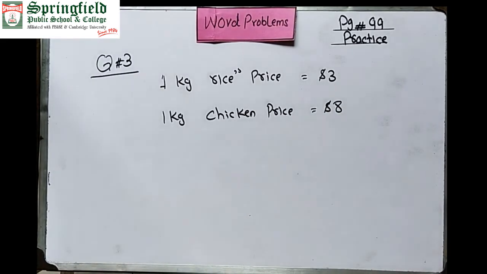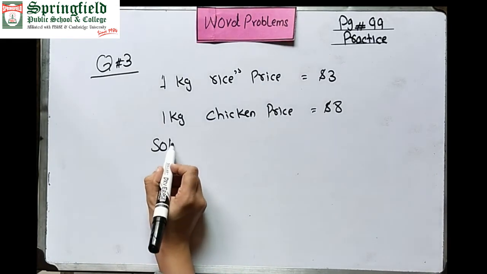Fine. And then they are asking about the price of 2 whole 1/2 kg of rice and 1 whole 1/4 kg of chicken together. So how can we solve? Solution.